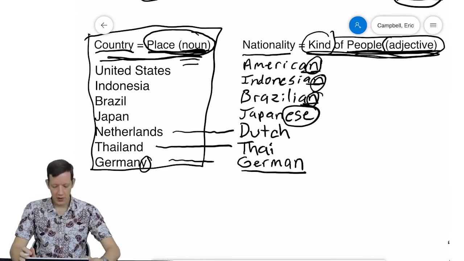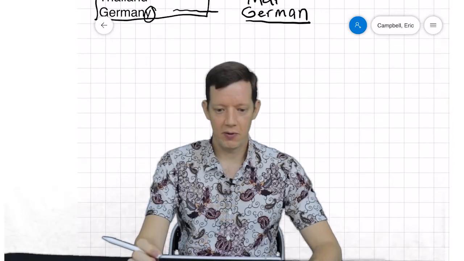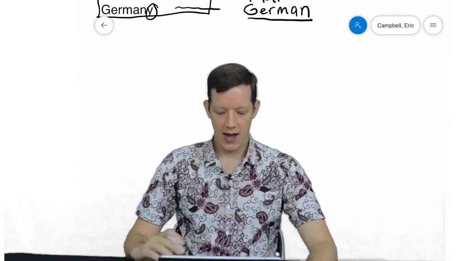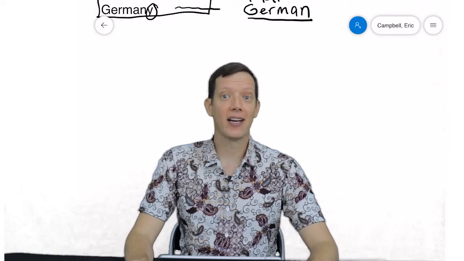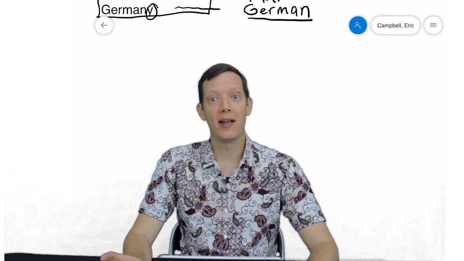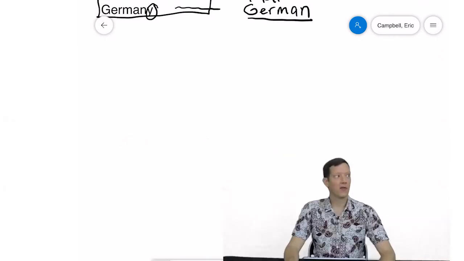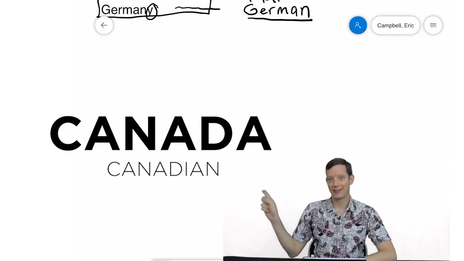All right, so I want to do this with a little bit of a game. So the game that we're going to play, I am going to give you the name of either a country or a nationality, and I want you to give me the opposite. Okay? So for example, if I give you the name of the country, Canada, then you're going to give me the name of the people, which are Canadian.